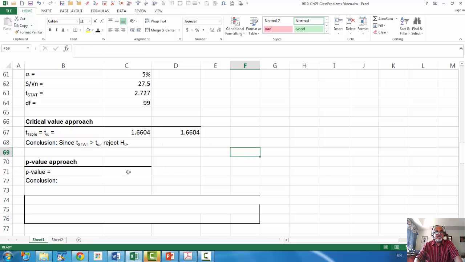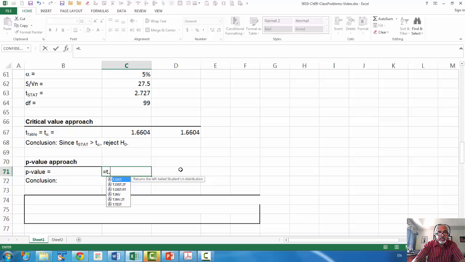Now the p-value. It's going to be difficult to find the p-value from the T table, so we will use an Excel function. Here we have three functions: T.DIST, the cumulative function, T.DIST.2T for a two-tail test, and RT, which is simply the one-tail test on the right side.